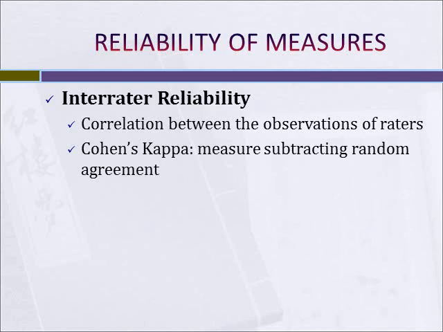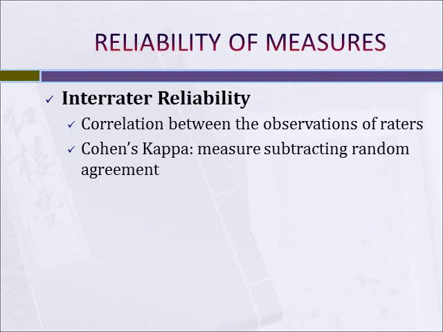Okay, make sure we're looking for the same thing. You might do this when you're coding interview questions in a qualitative study. Okay, you're coding different themes. You might be able to calculate interrater reliability there. Essentially, this is just correlating the data between observations of raters, where you expect that your raters will essentially be measuring the same thing, and you expect a high correlation.